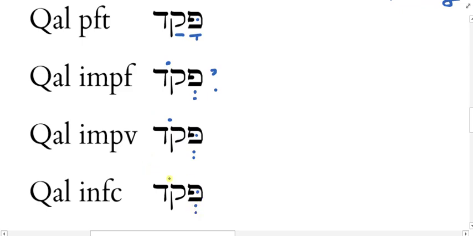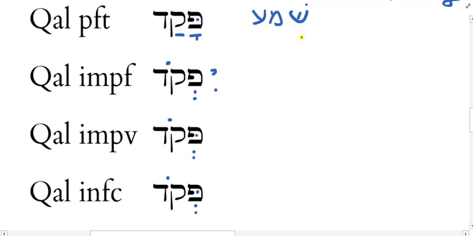Now, does this mean that all Qal imperative second masculine singular forms are identical to all Qal infinitive construct forms? The answer is no. That's not necessarily the case. Let's take a look at another form. Let's take the word shama, to hear.